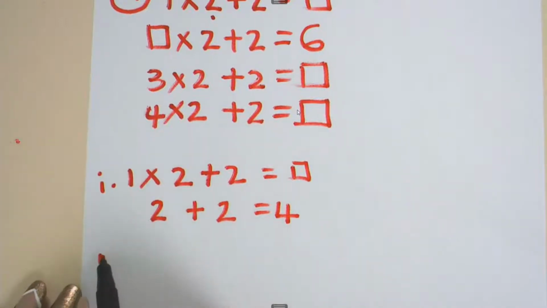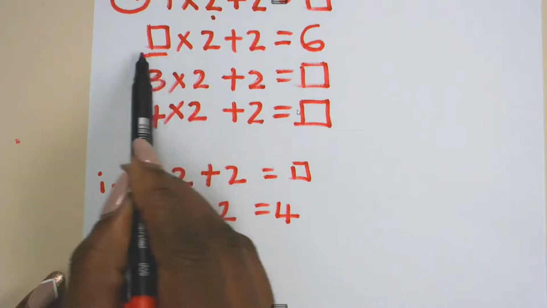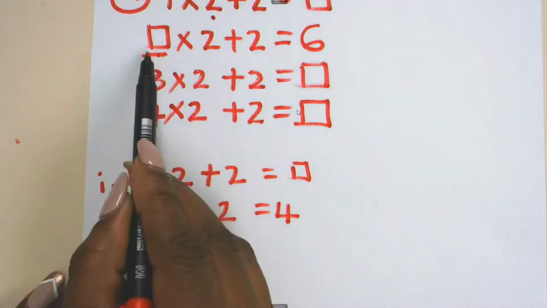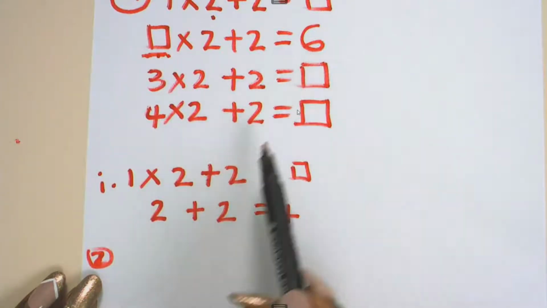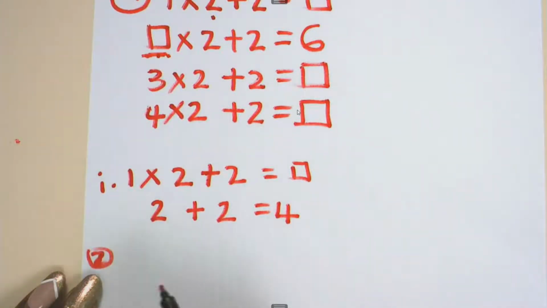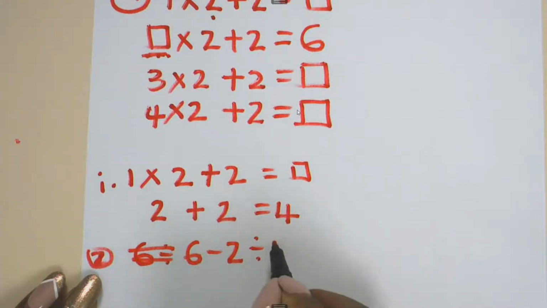Then number 2, we have the unknown input value. Remember, I said that to find the unknown input value, you are going to apply the reverse. You are going to reverse mathematical operations. Now we are going to have 6 minus 2 divided by 2.